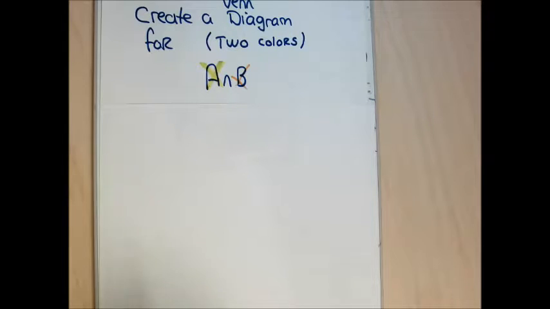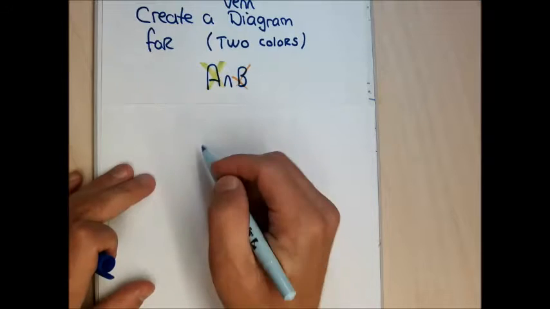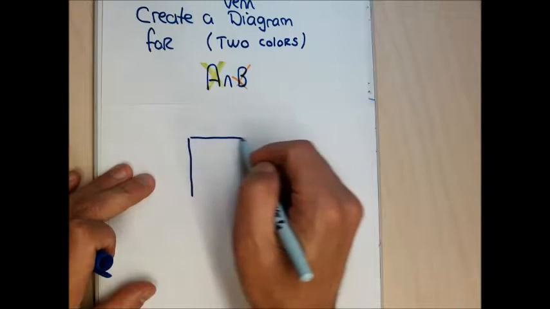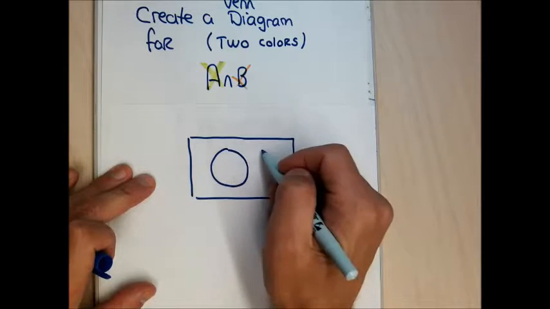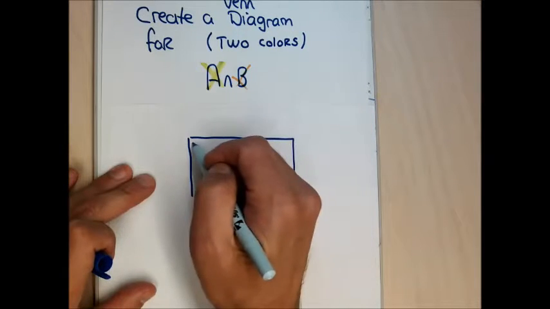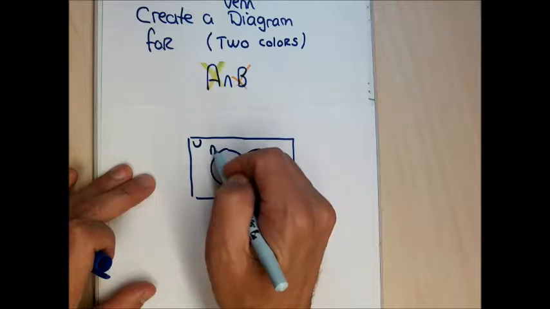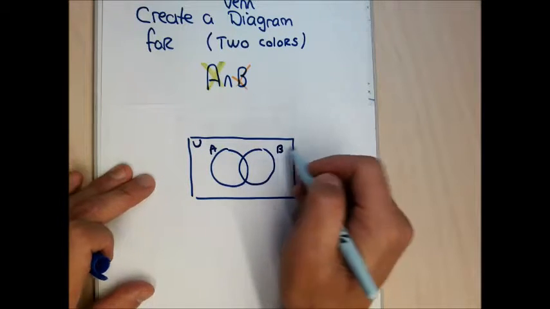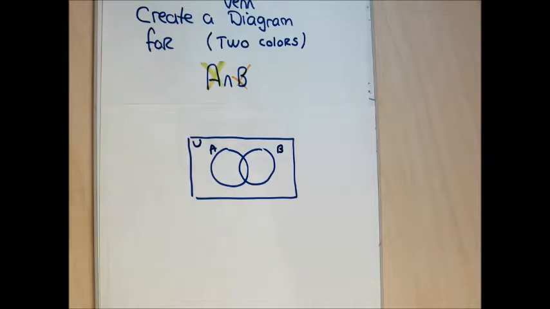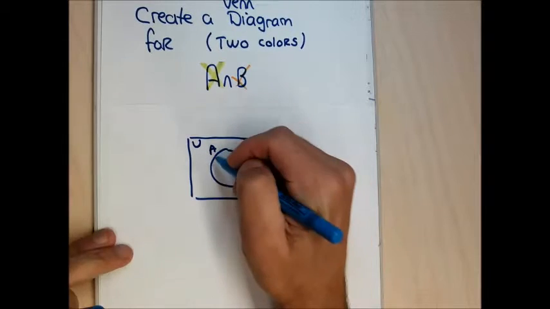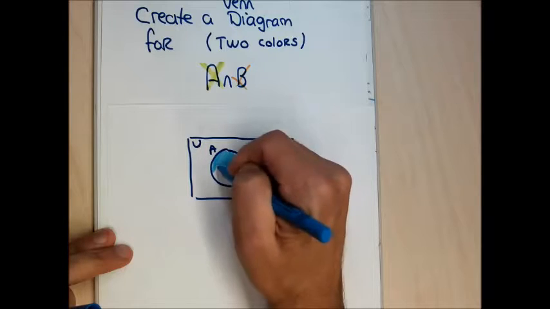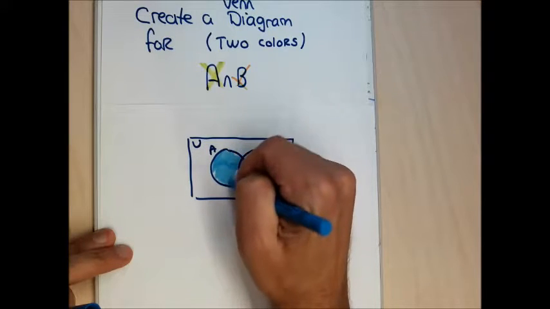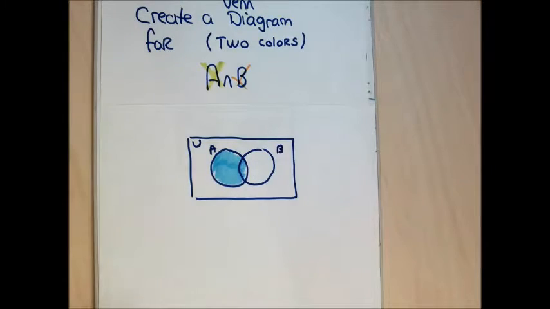So, an intersection we usually do with two colors, and the picture that we draw usually is too complicated for a final answer. So if I want to show A intersection B, I can start off by showing the A circle, and the set A is that. I just did it in blue this time.